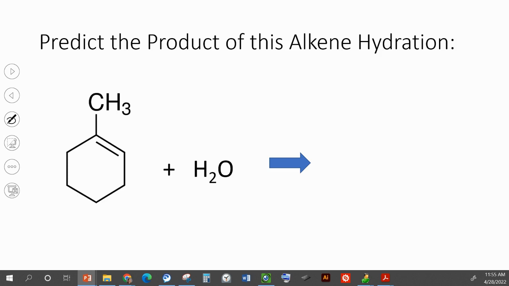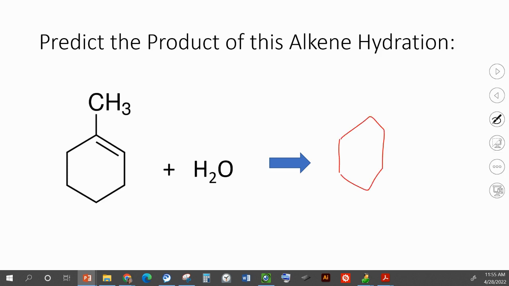So we're going to get mostly the same structure, right? But our double bond is going to go away. So we know it's going to kind of look like this, maybe a little bit beautifuler. But we need to add an OH on one carbon that was in the double bond and a hydrogen on the other.